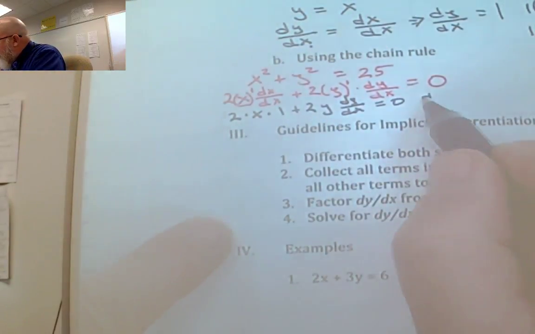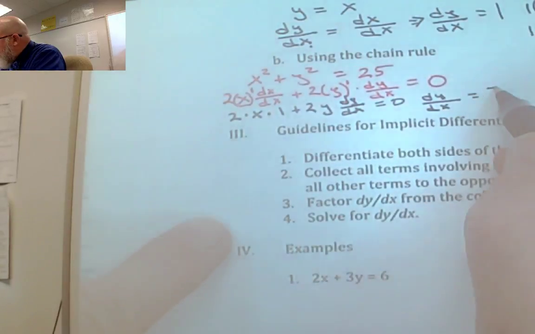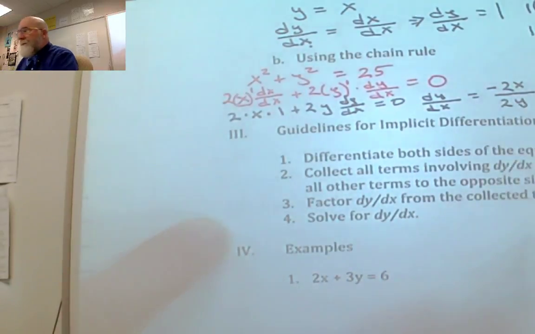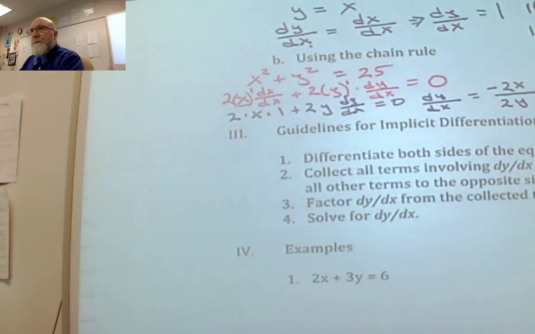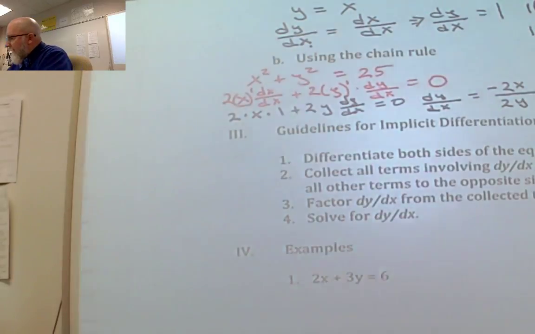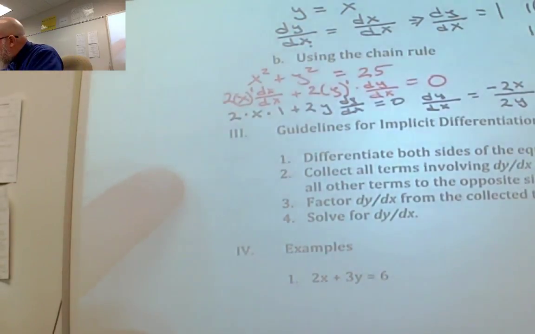So dy dx is equal to a negative 2x over 2y, which is equal to a negative x over y.